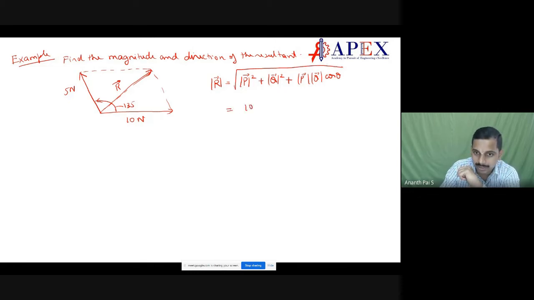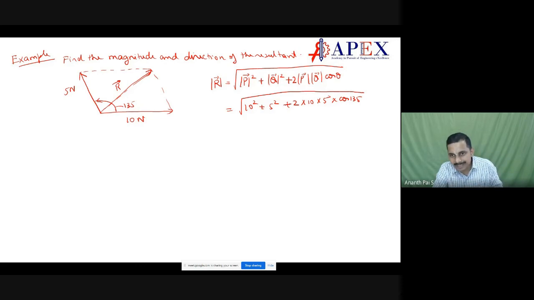R magnitude comes as 10 square plus 5 square plus 2 into 10 into 5, cos of 135, under the square root. I'm sorry, student, there's a 2 here, 2PQ.